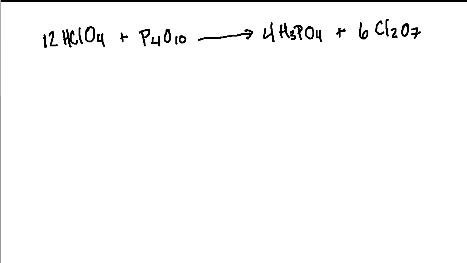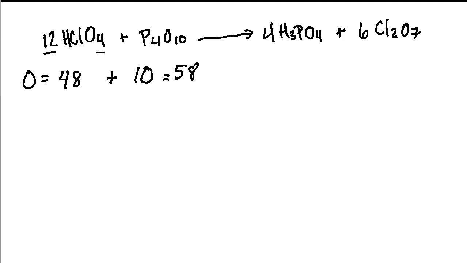So now I take a look at this and say, all right, I've got 12 and 4, so that's 48, for the oxygen. 12 and 4, 48, plus I have 10 over here, so that's 58 oxygens. Imagine trying to start this off by balancing 58 oxygens on each side. You would be here forever attempting to figure out one side versus the other.